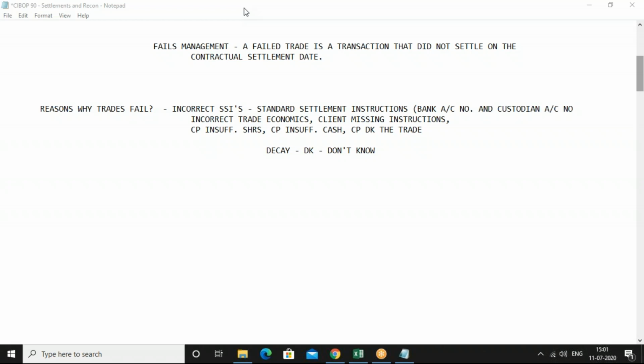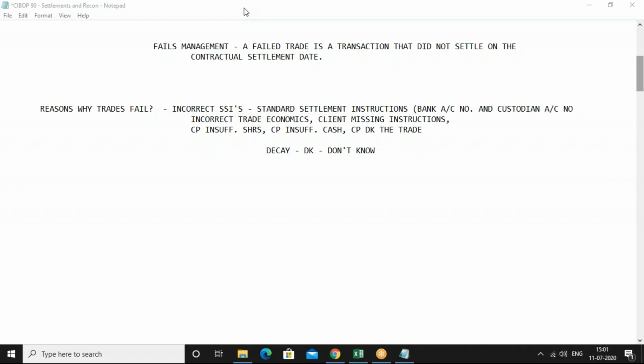Then we have RVP, which is receipt versus payment, and that's for buy trades. Now both DVP and RVP are essentially the same. The securities and cash move at the same time. Now the third one is FOP, which stands for free of payment.